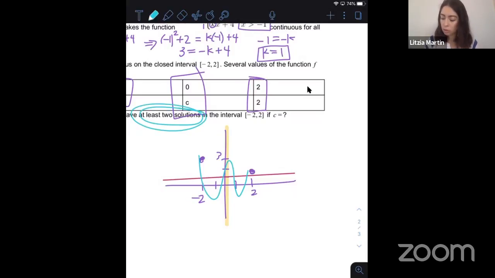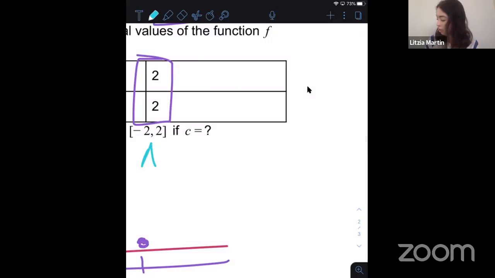This is actually a multiple choice problem, so I will give you the options here. And D, 4.